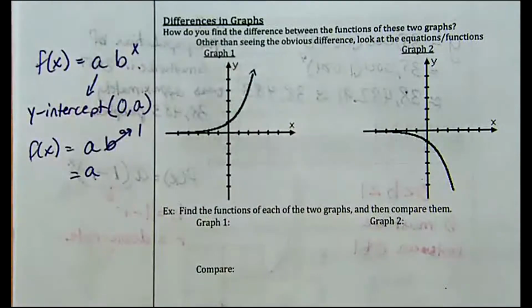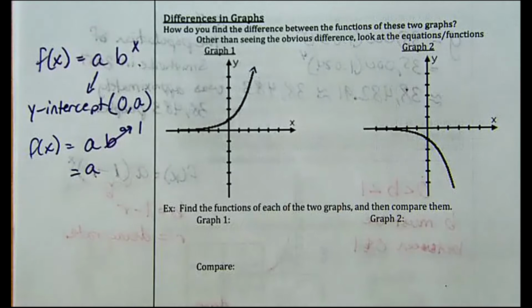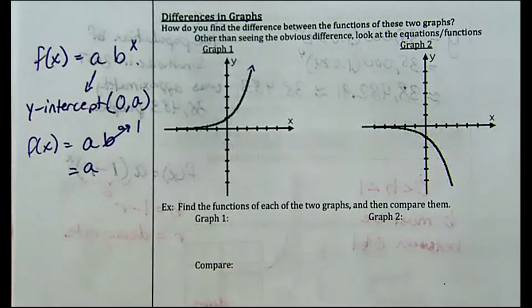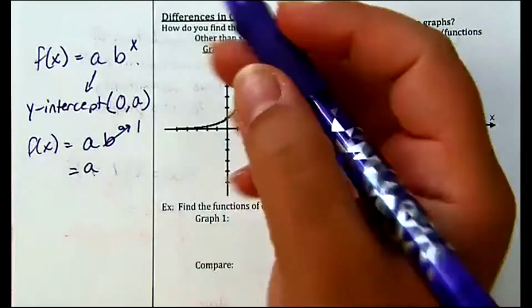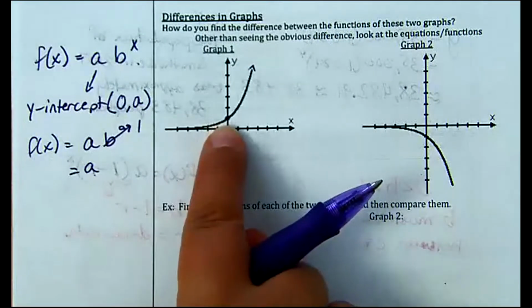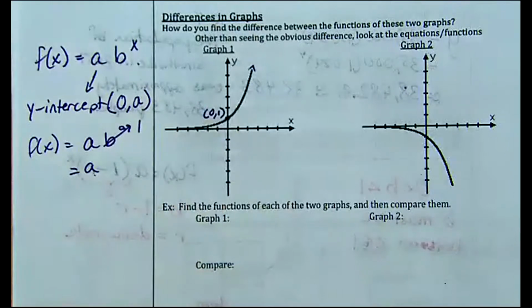We are getting larger as we move toward the right, okay? So that means our b is going to be greater than 1. The question is what is that b going to be? So we can actually take a look at some of the points here. We see that our y-intercept here is at 0, 1.